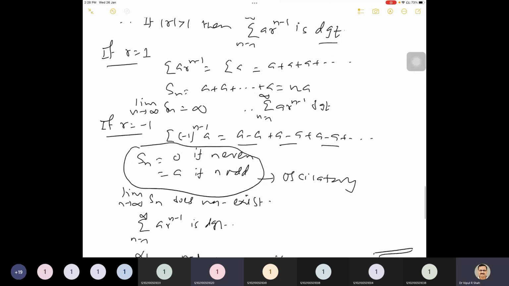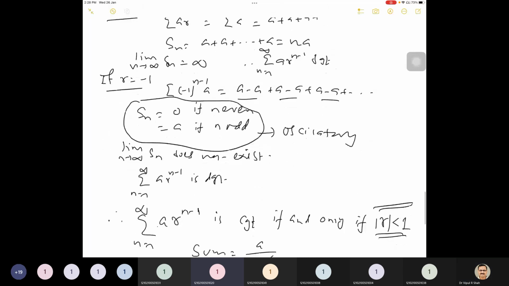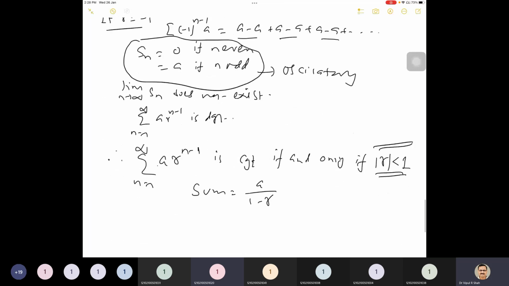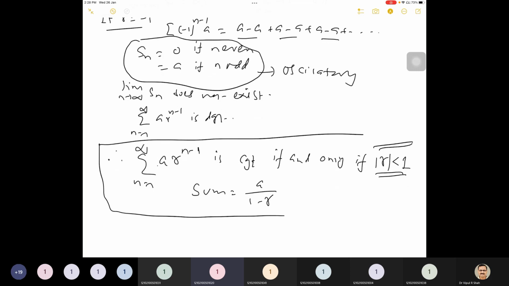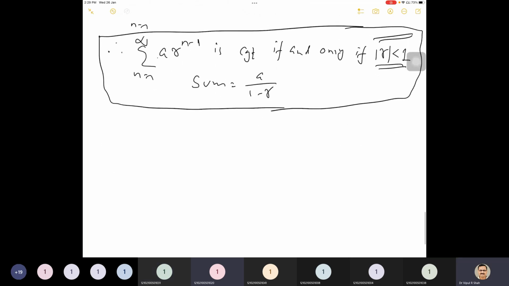Basically, this theory will not be asked, but examples will be asked. So this is the part you need. Let us see an example.